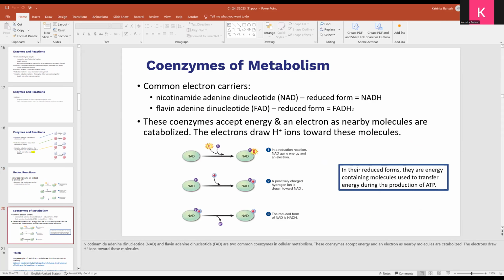So common electron carriers are NAD and FAD, and those are the oxidized forms. When they're reduced, they're NADH and FADH2. So these coenzymes, NAD and FAD, accept energy and an electron as nearby molecules are catabolized or broken down. The electrons draw hydrogen ions then towards these molecules.